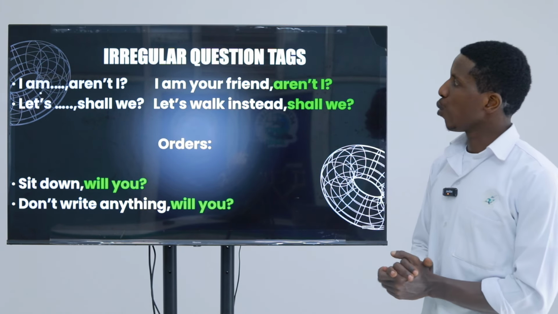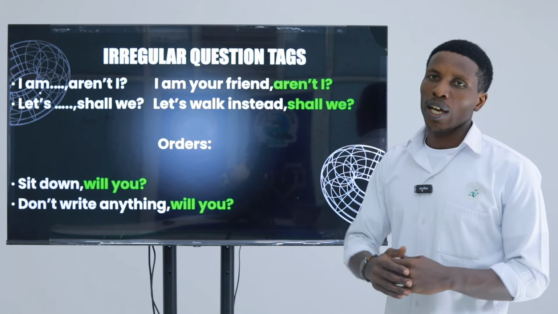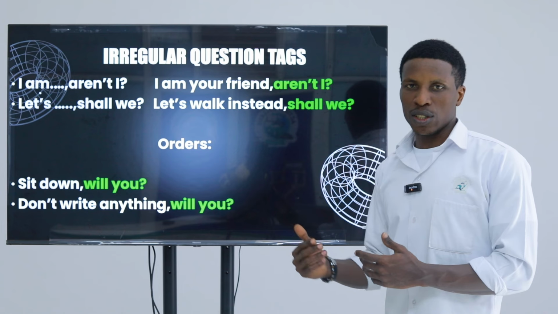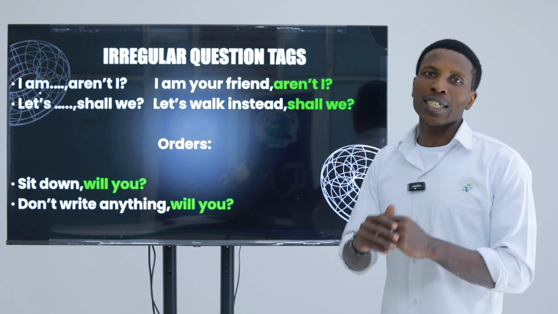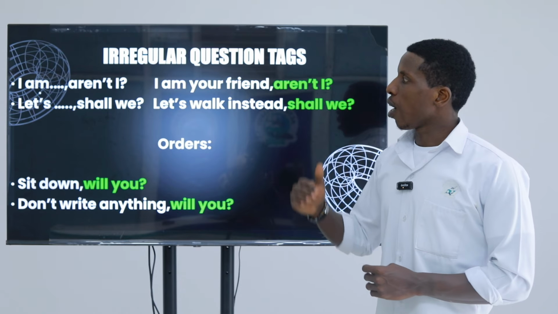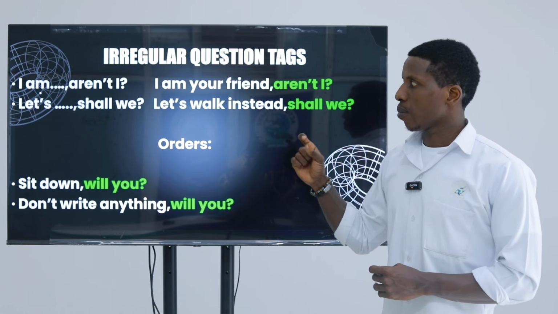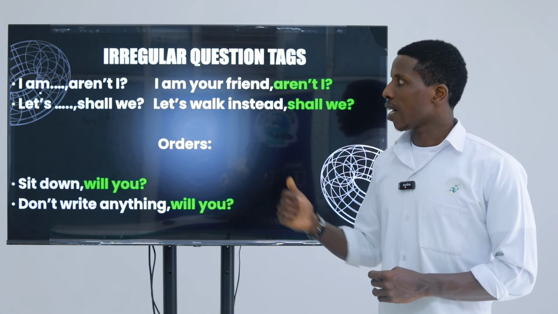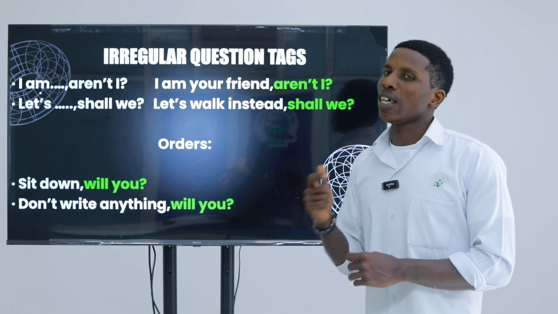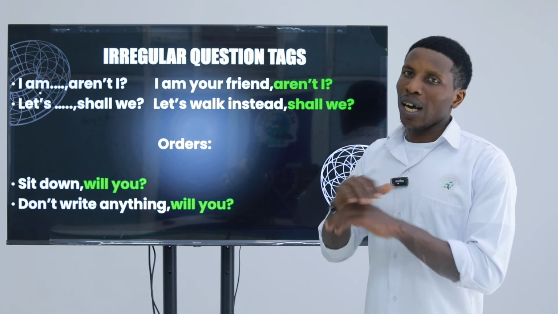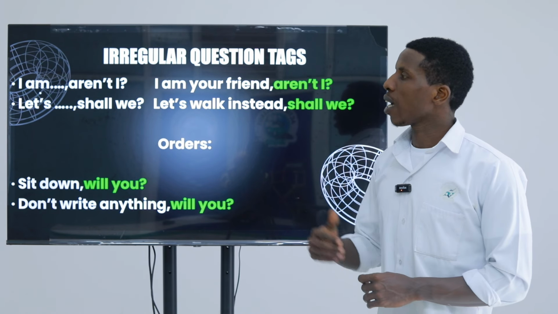Then let's come to irregular question tags. You know that every single time you have exceptions or irregular forms that you just have to follow and use as they are. Like here, when we have I am something, the tag should regularly be am not, but amn't is not acceptable in English, so we have to say aren't.